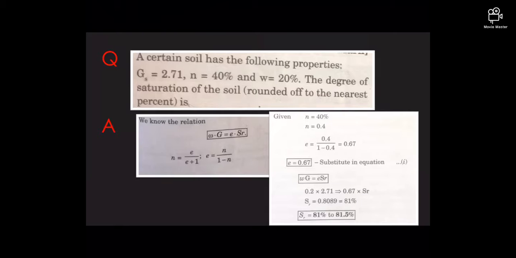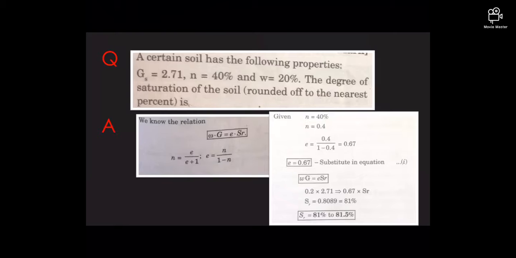So we all know the basic relation between these four factors, which is G into w is equal to e into Sr. So from the equation of porosity and void ratio, which is e is equal to n by 1 minus n, we can easily find out what is e, which is void ratio.